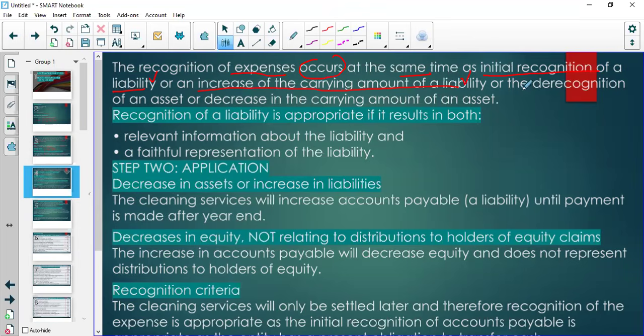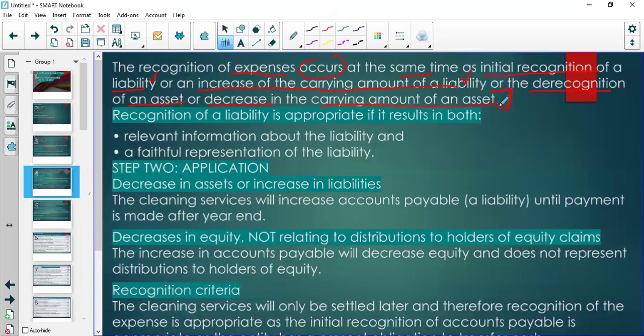Or it might be an asset being de-recognized that could also trigger the recognition of an expense. Or it might not be a de-recognition of the asset, but just a decrease in the carrying amount of that asset.